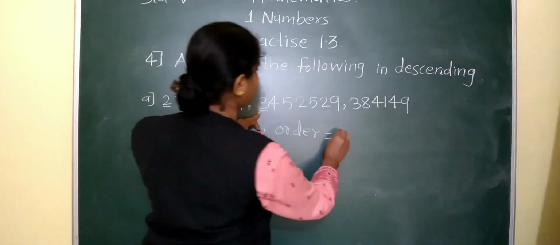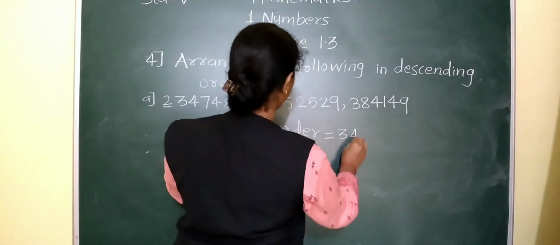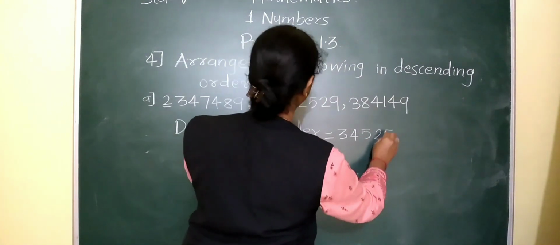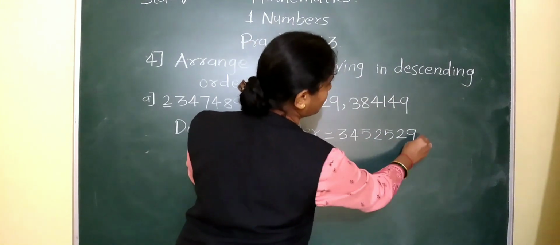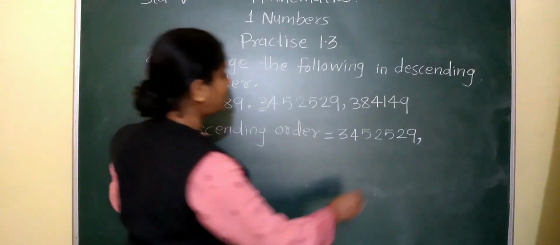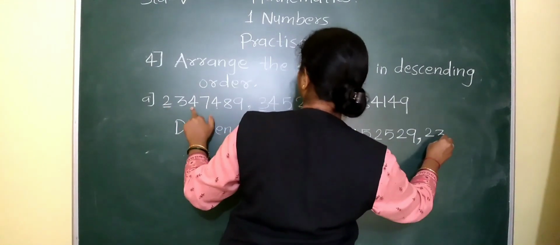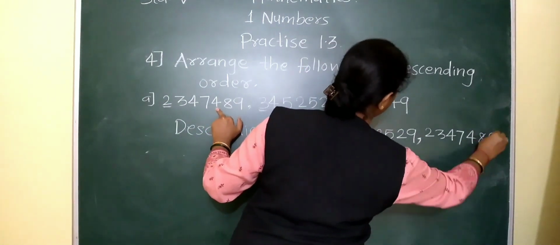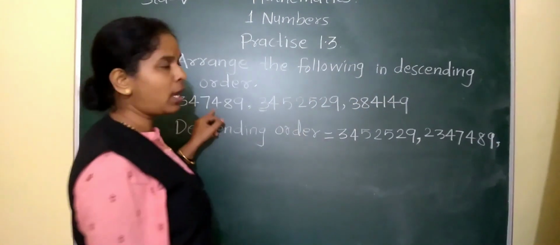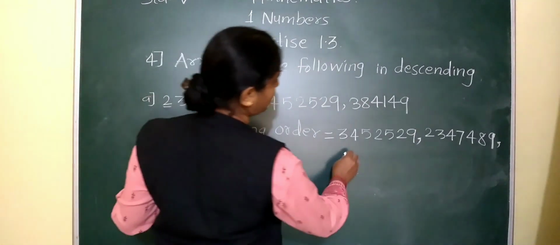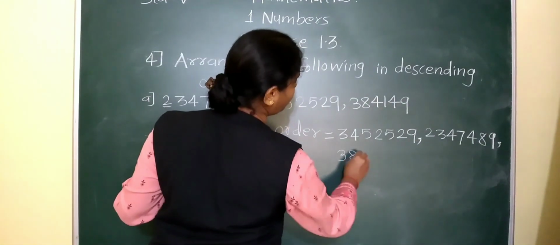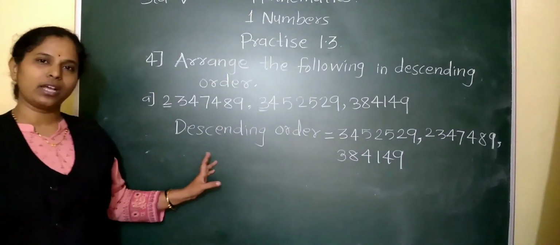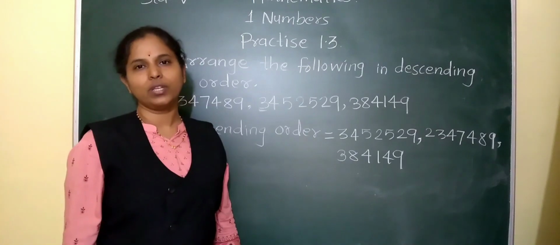So 34,52,529 is the greatest number. After that 23,47,489 will come next, and the smallest number is 3,84,149. In this way, we can arrange the numbers in descending order.